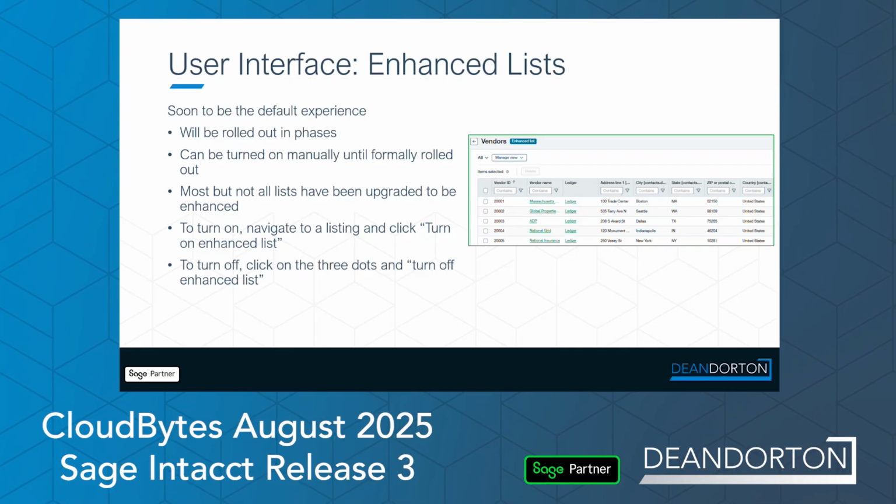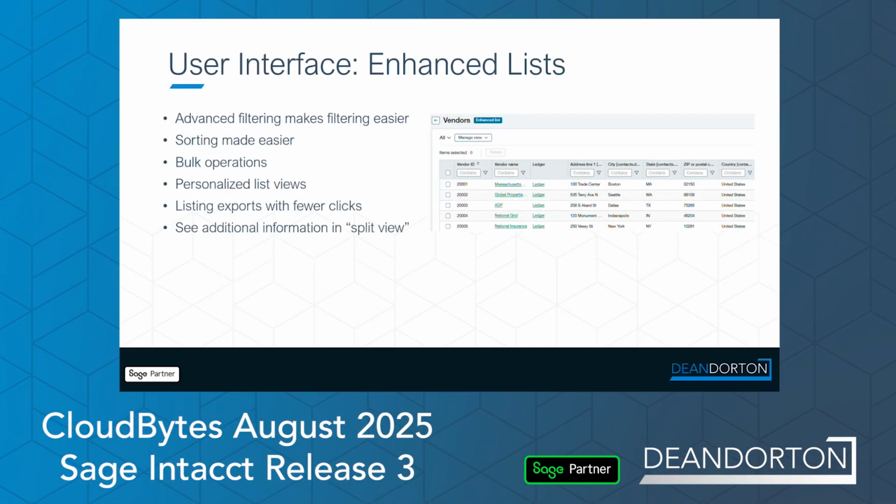So these are some very nice enhanced lists. And again, here in this little image, you can kind of see these check boxes. They're working towards the ability to allow you to do things in bulk in more places. It's not fully prevalent everywhere, but being able to do things in bulk in more places. So the enhanced list is going to be the default experience very soon.